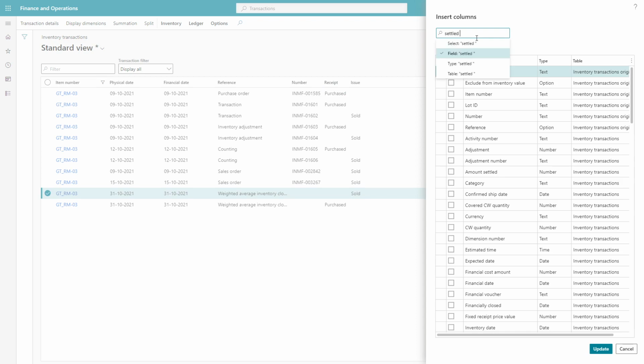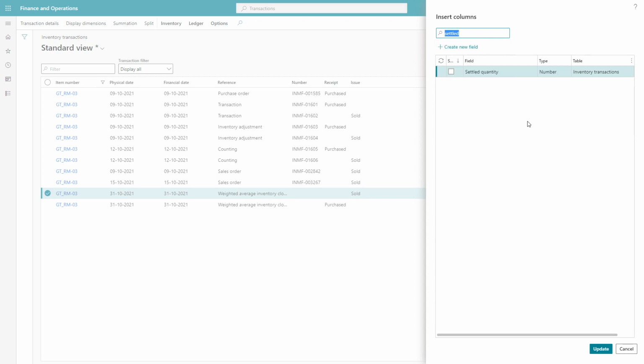Settled quantity, amount, value open, financially closed.